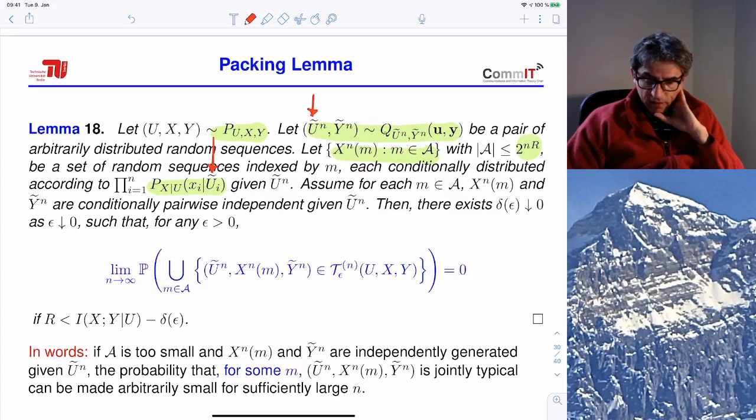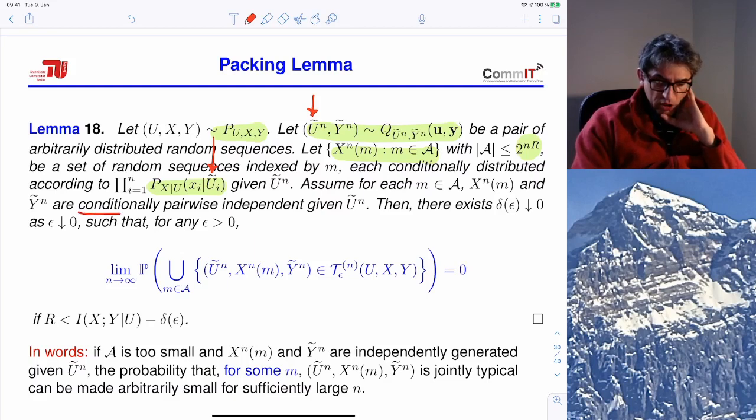And in addition, this collection of random sequences x m and the y tilde are conditionally pairwise independent given u.